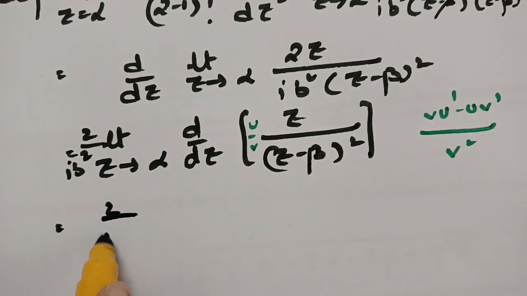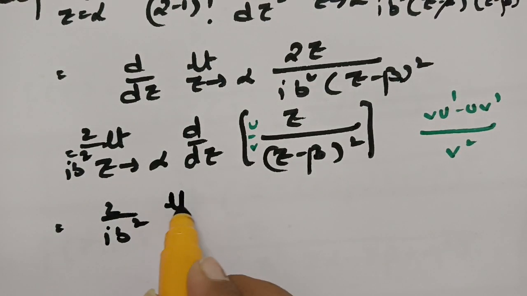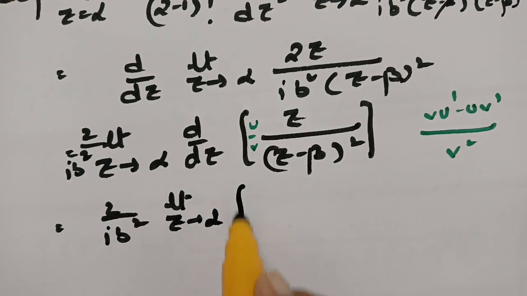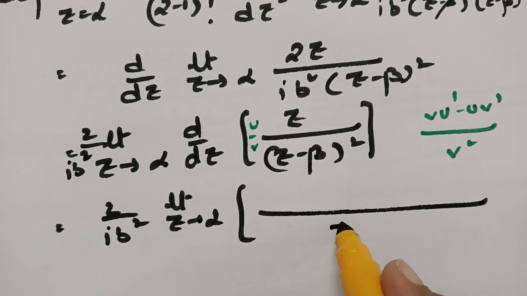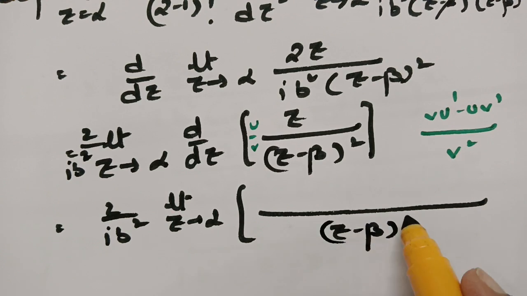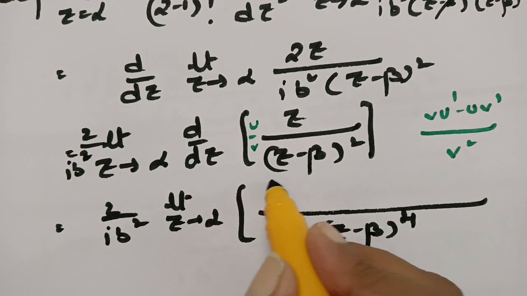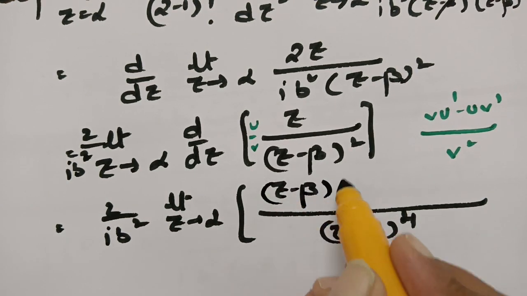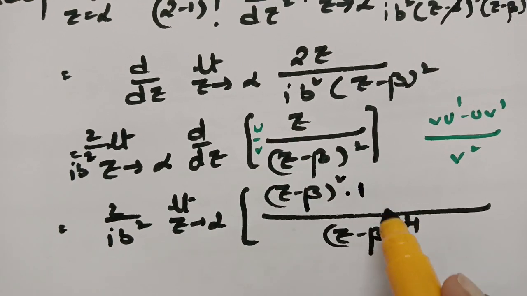Now I'll take the derivative here. This is 2 by i b square into limit z tends to alpha. In the denominator, v square is (z minus beta) power 4, and in the numerator, v is (z minus beta) times the derivative of u, which is 1, minus u, which is z, times the derivative of v, which is 2 times (z minus beta). For beta, the derivative is 1.